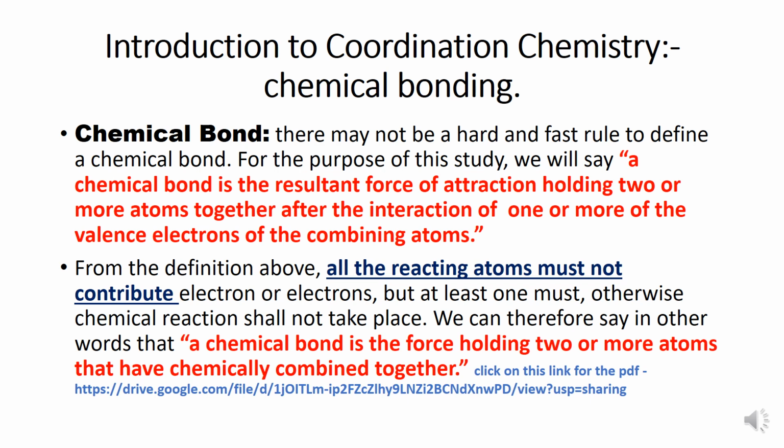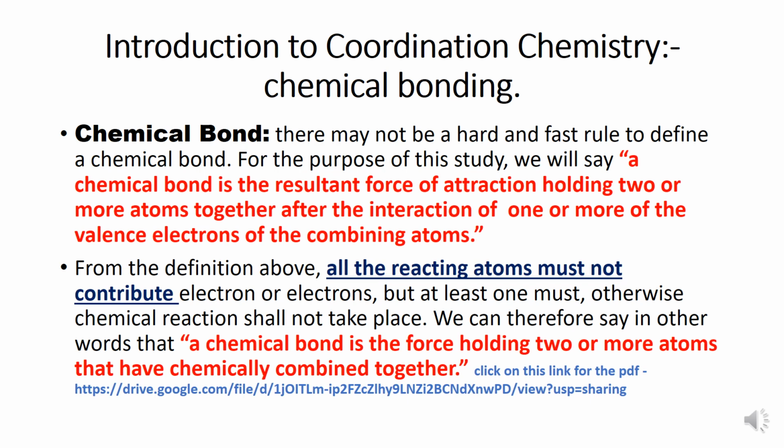That is to say, before a chemical bond is formed, there must be electron-electron interaction, and the readily available electrons to interact are the outermost electrons, which we call the valence electrons.